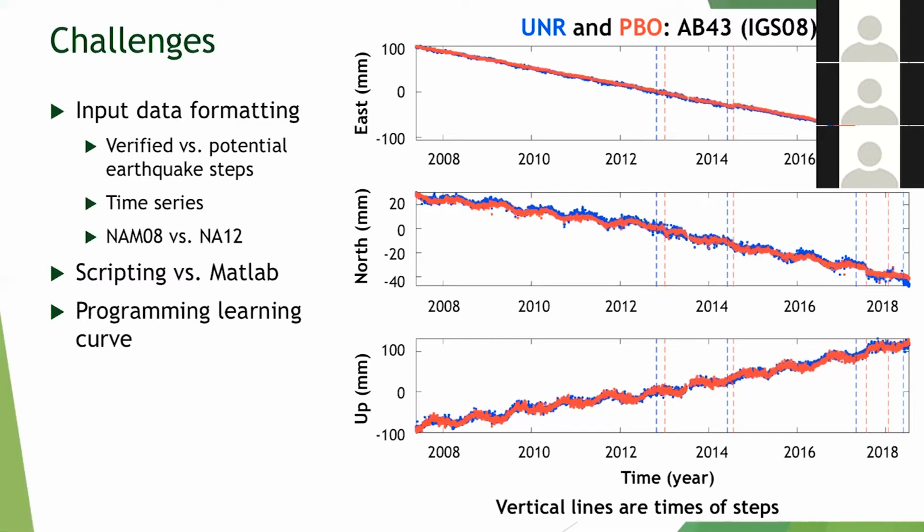And how they process these offsets is also different. So UNR uses a lot of MATLAB code, and UNAVCO uses a lot of scripting, like Perl scripting and shell scripting. And making these things work together, for me, was a big learning curve.